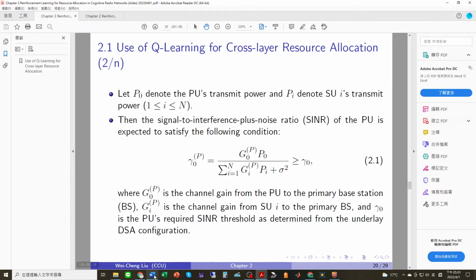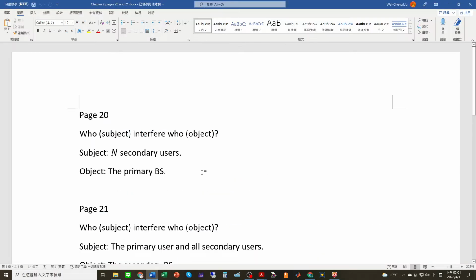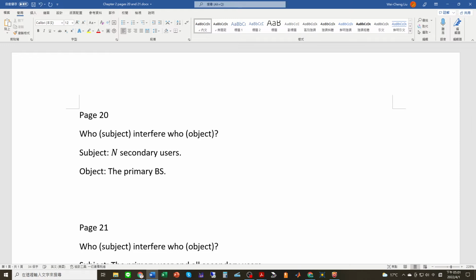Let me write on the whiteboard. Oh, sorry, Microsoft Word. Another problem. Say problem 2. And this is problem 1.